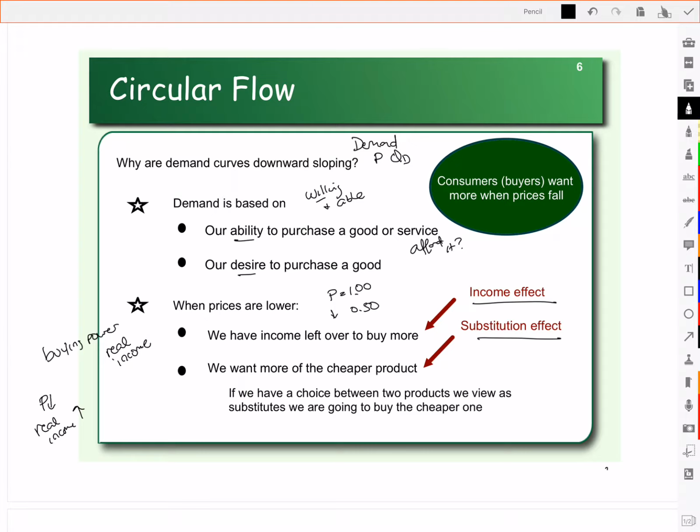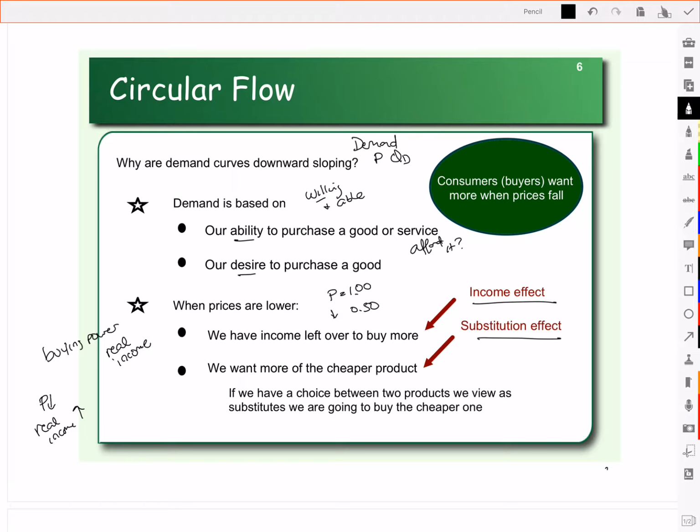So the idea then is, if the price falls and we like the good, we're going to buy it. And our ability to purchase more of the good has increased. Because if before we had $5, for example, of income allocated to buying Pepsi, before we could get 5 Pepsis. But now that they're 50 cents each, we can get 10 Pepsis.